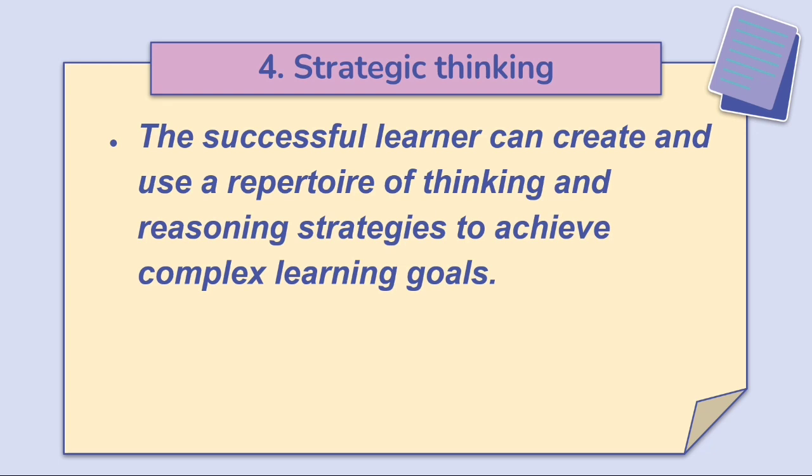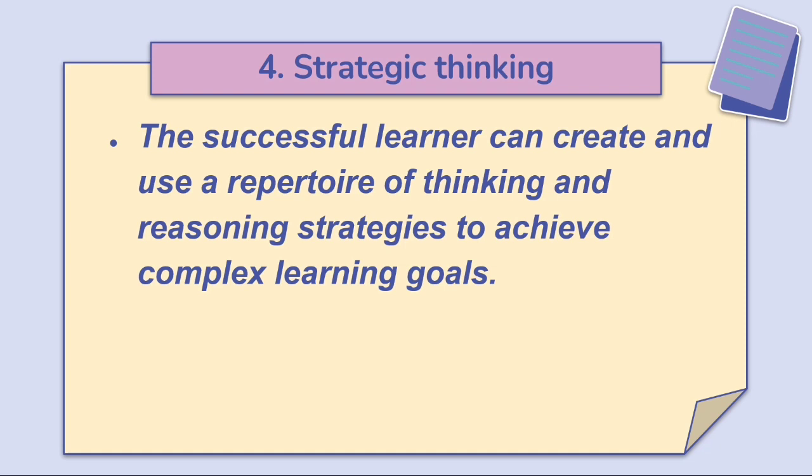Okay, now let's move on to number 4 principle, the strategic thinking. The successful learner can create and use a repertoire of thinking and reasoning strategies to achieve complex learning goals. Successful learners use strategic thinking in their approach to learning, reasoning, problem solving, and concept learning.